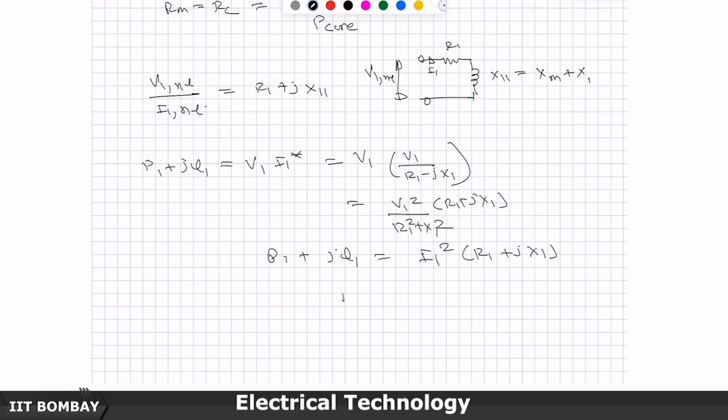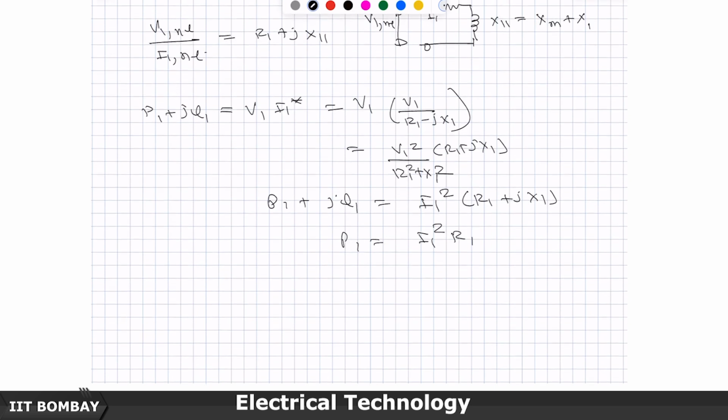So, P1 is nothing but I1 square R1, where these are magnitudes of current, not phasors. When we connect a meter, what you measure is only the amperes RMS value; the phase angle you do not get, you have to calculate it. And similarly, Q1 will be equal to I1 square X1.